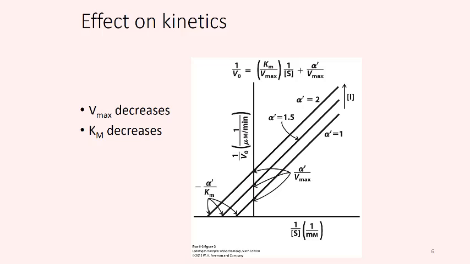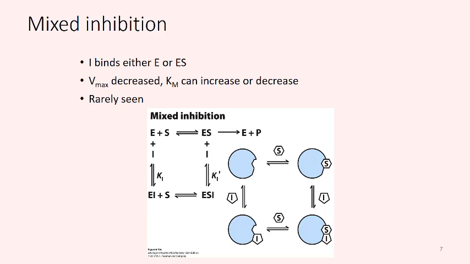And then the last one is mixed, and mixed is funny. Oftentimes you'll hear it called either uncompetitive or mixed, based on what happens to the Km. But we're simplifying it for this class, and we're just going to say it's all mixed. It's not necessarily accurate, but this is the most difficult of the inhibitors to wrap your head around, and for good reason.